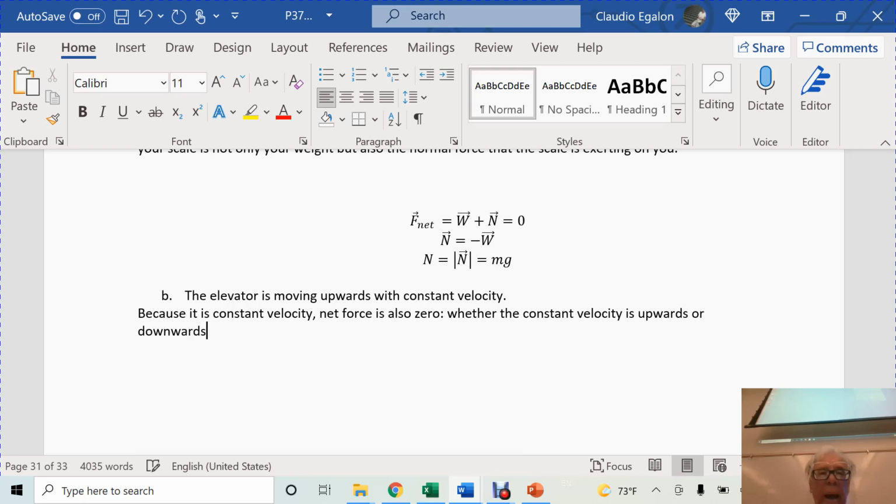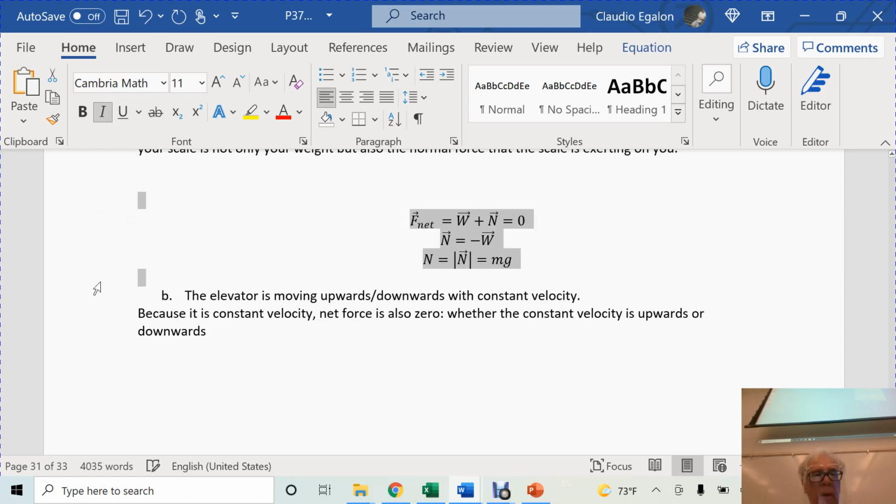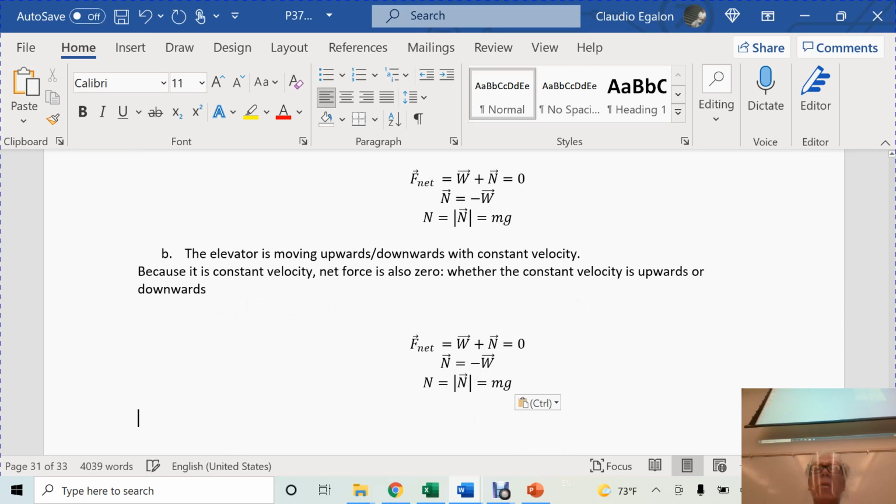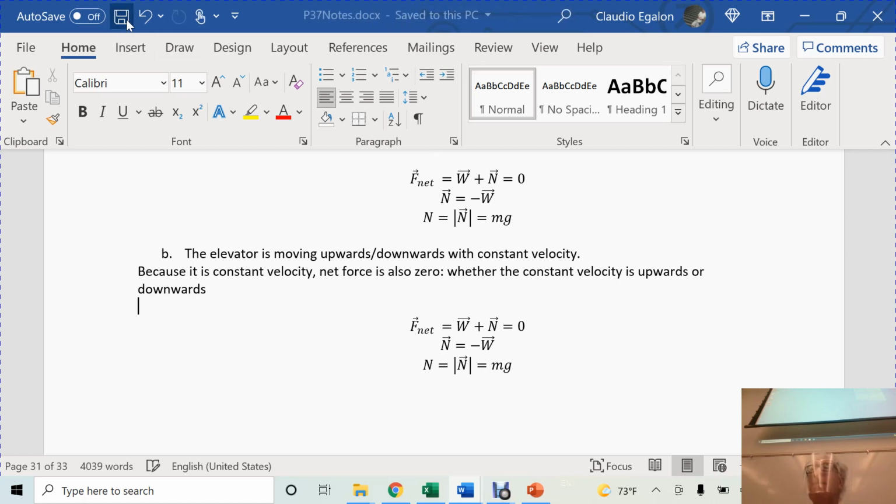So it makes no difference whether it is at rest or moving with constant velocity. We have the same situation right here. The scale still registers the same value. The thing becomes tricky whenever the elevator is accelerated. And that we are going to do next time.